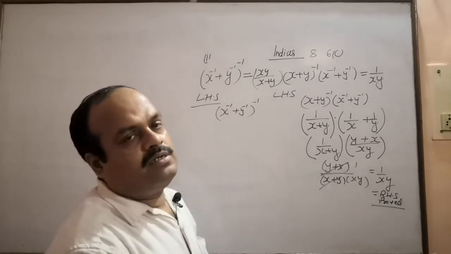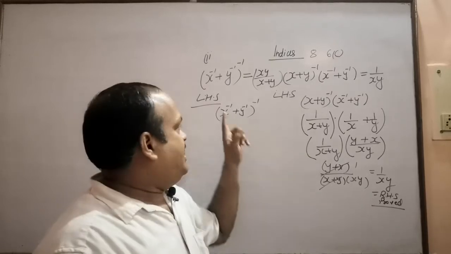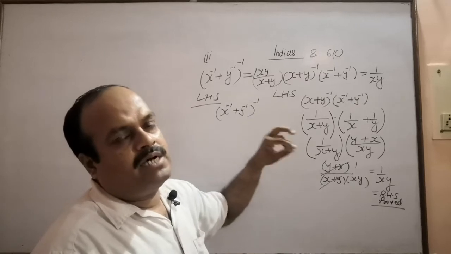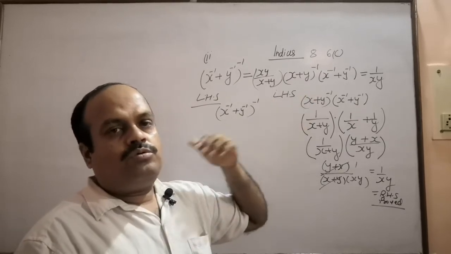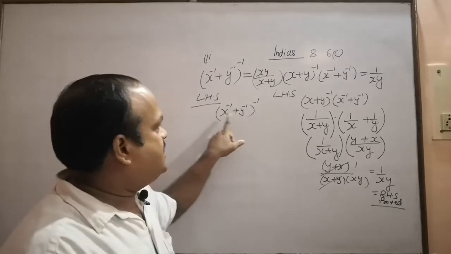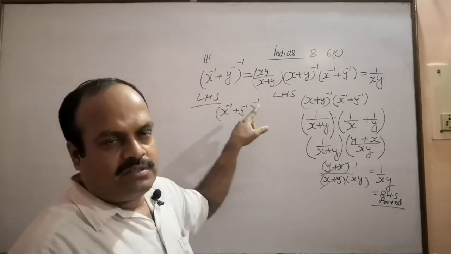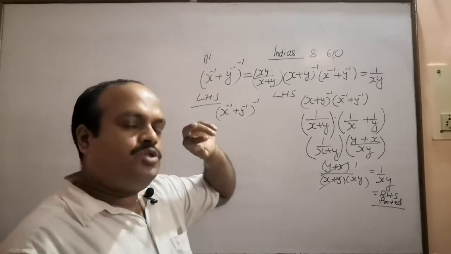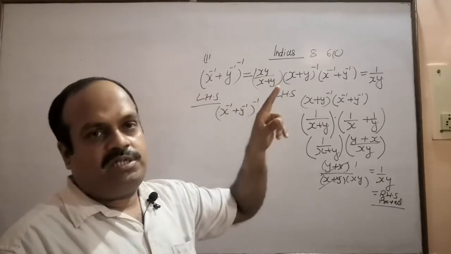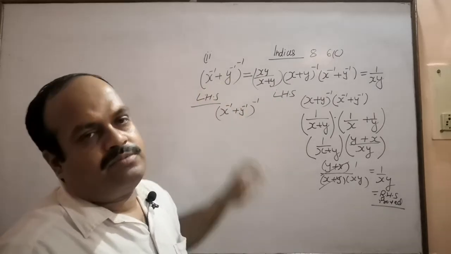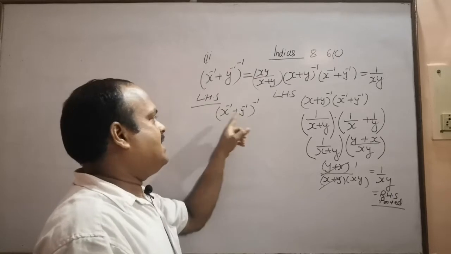So we will first change the terms inside the bracket to the terms with positive power. These terms have negative powers, so we will change these terms to the terms with positive power. For that, we will have to write the reciprocal of these bases x and y.